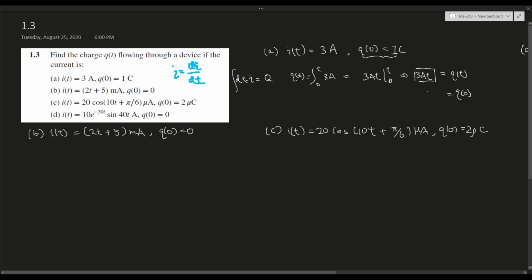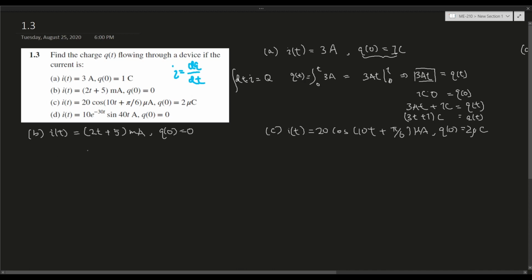This would give us 0, but the initial condition is 1C, so we just add 1C to the equation, and that gives us Q of T. We can simplify it: A and C here are the same thing, they're all amperes. So this would be 3T plus 1 in terms of C equals Q of T.